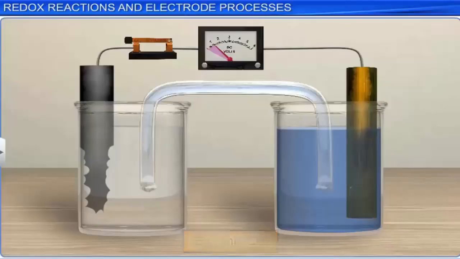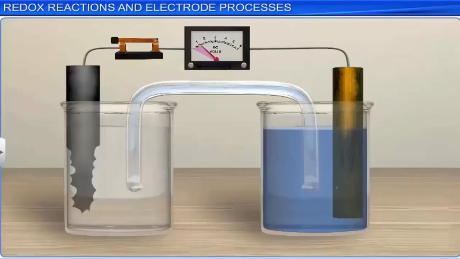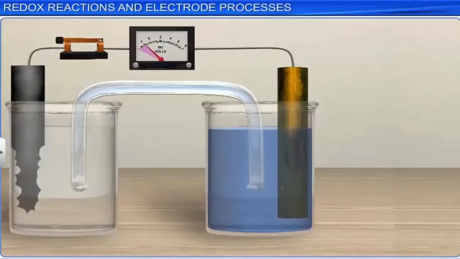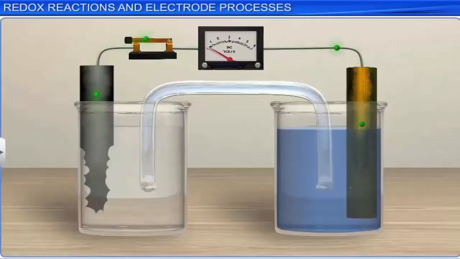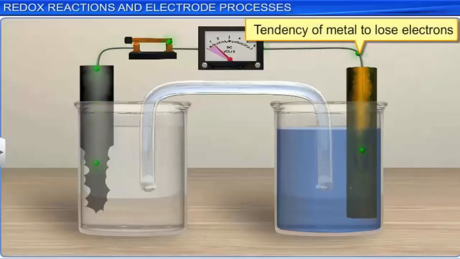The galvanic cell was invented by an Italian anatomist, Luigi Galvani. Note that there are many factors that determine the amount of electric current produced by a galvanic cell. The most important factor is the tendency of a metal to lose electrons.